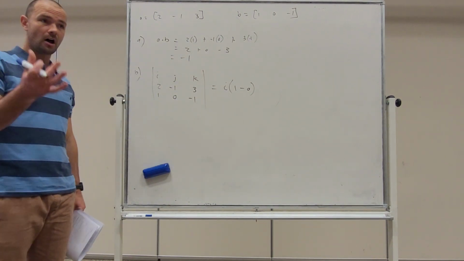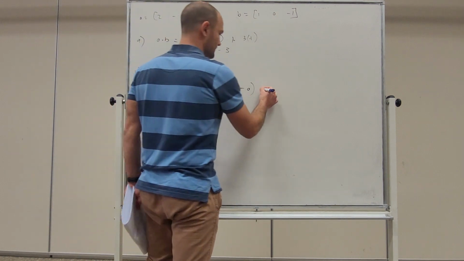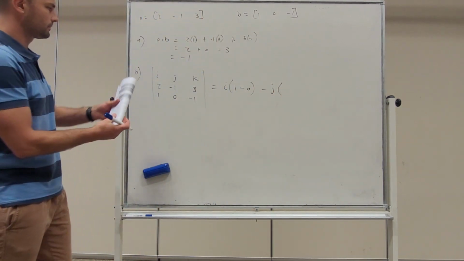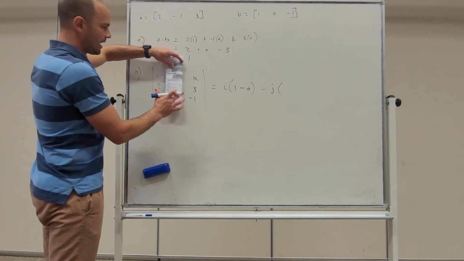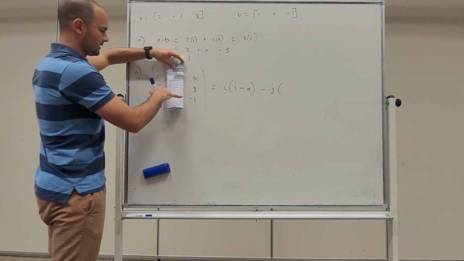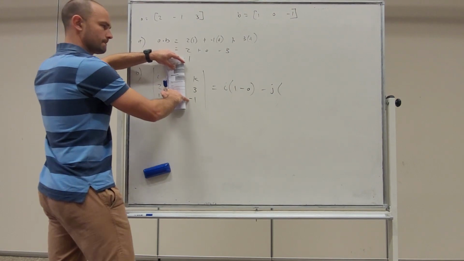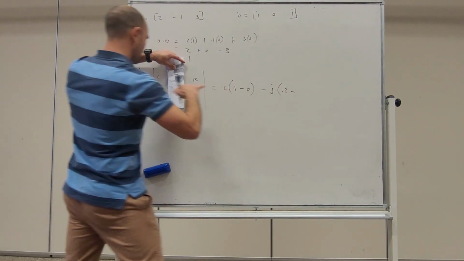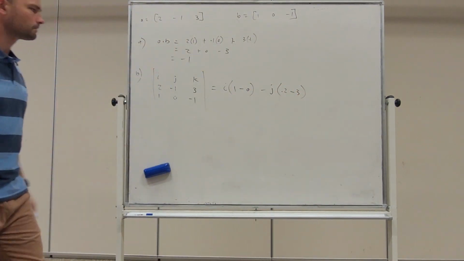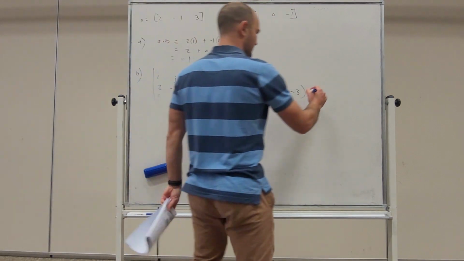Then we have take away j. We cover up the j column, and again do AD take away BC. So minus 2, take away, and then positive, take away 3. That's our j. And then we have plus k.